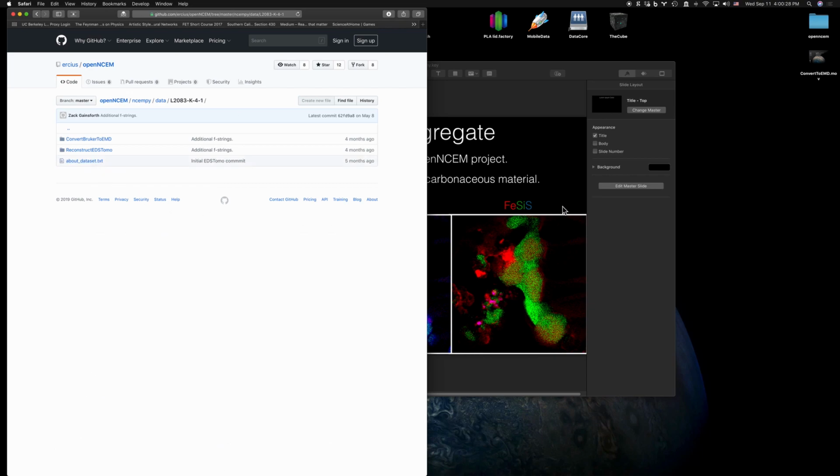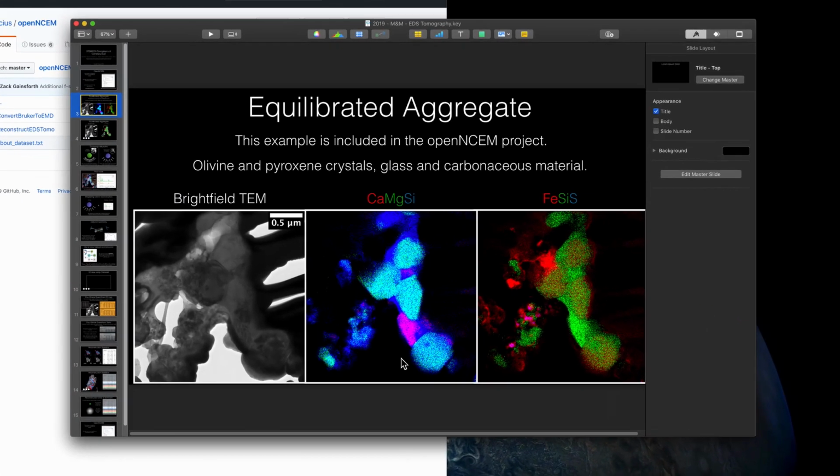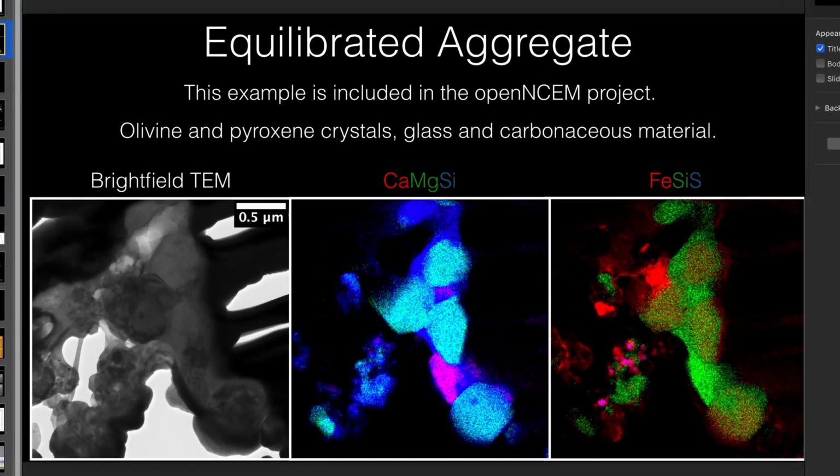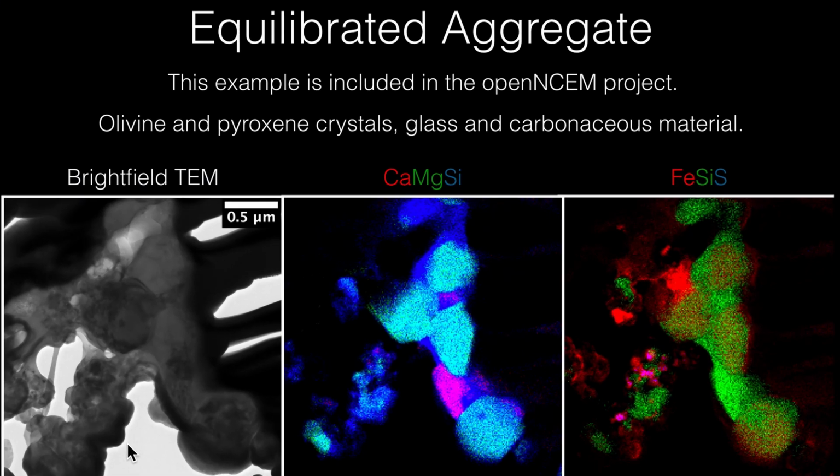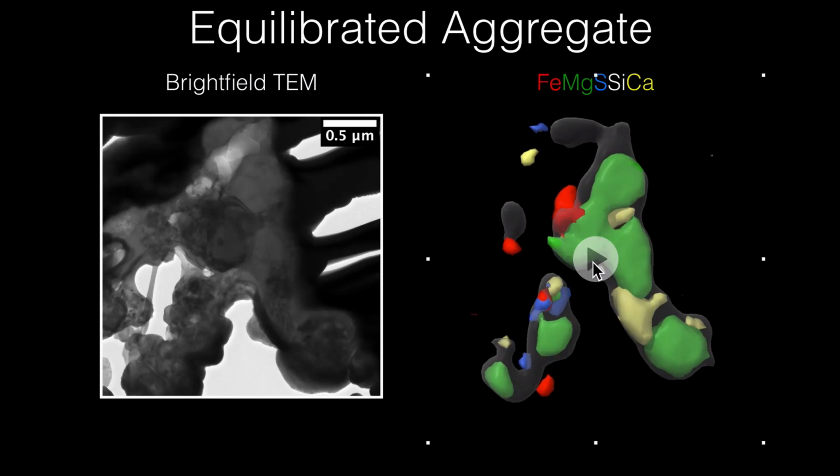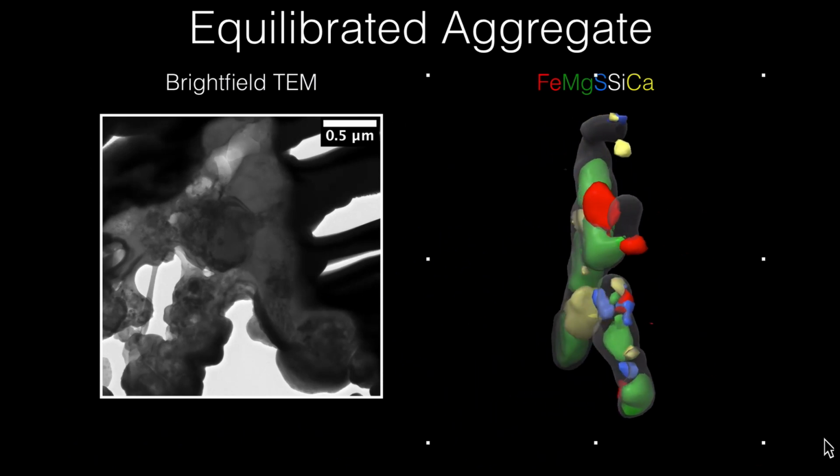And this is what that sample looks like. I use it as a demo set for doing tomographic reconstruction. So these are some crystals here, and in EDS you see those same crystals. And the reconstruction ultimately looks like this.